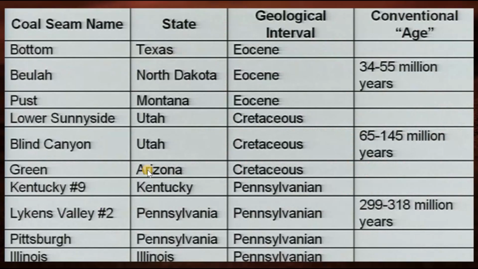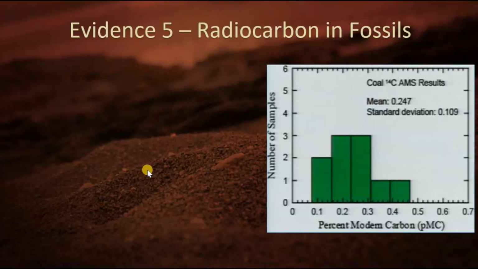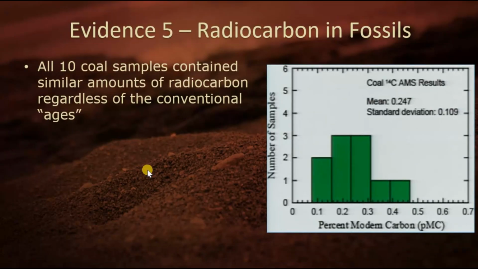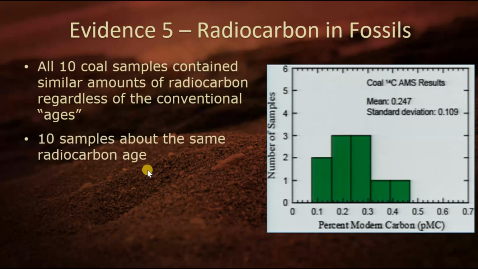They used different samples from Texas, North Dakota, Montana, Utah, Arizona, Kentucky, Pennsylvania, and Illinois. And these 3 coal groups were anywhere from 34 to 55 million years, 64 to 145 million years, and 299 to 318 million years. So all 10 samples contain similar amounts of radiocarbon regardless of the age.